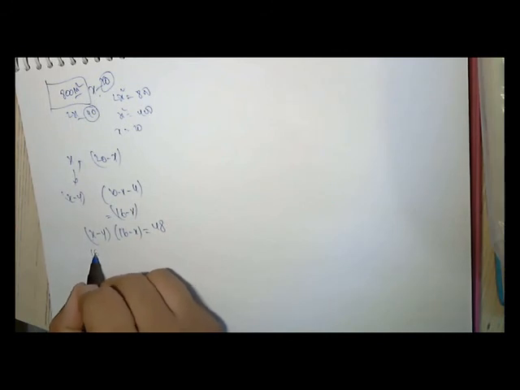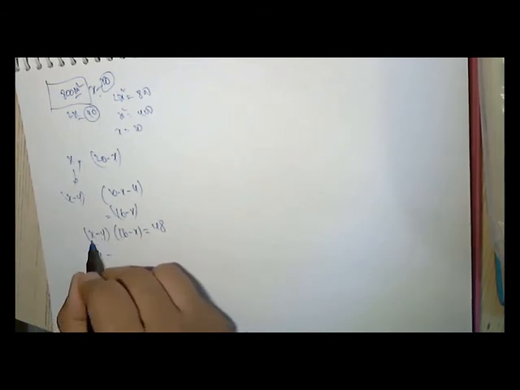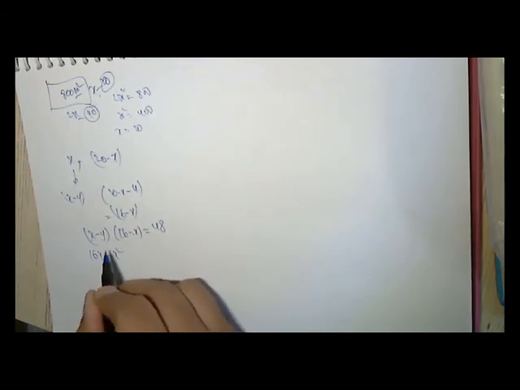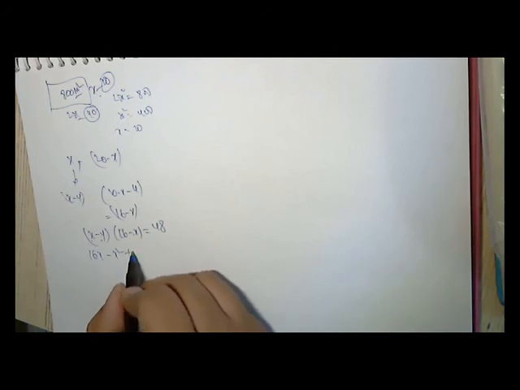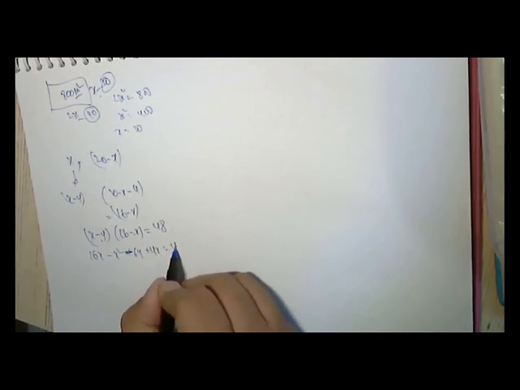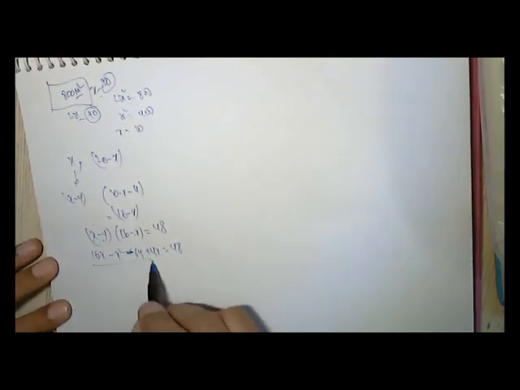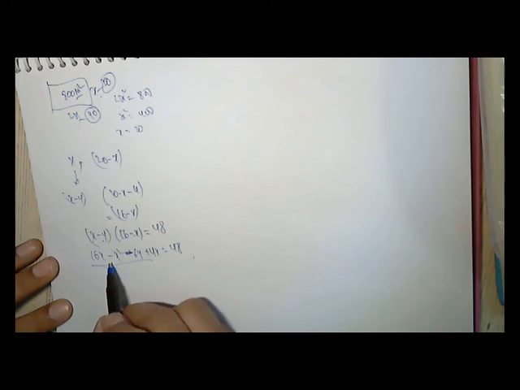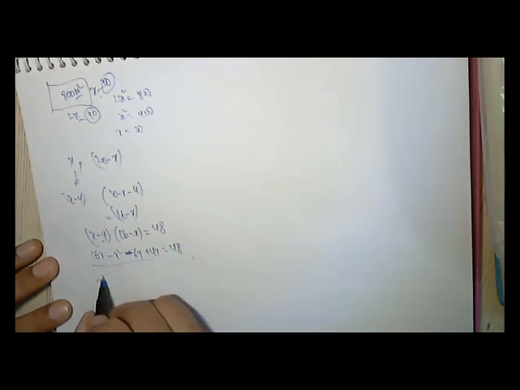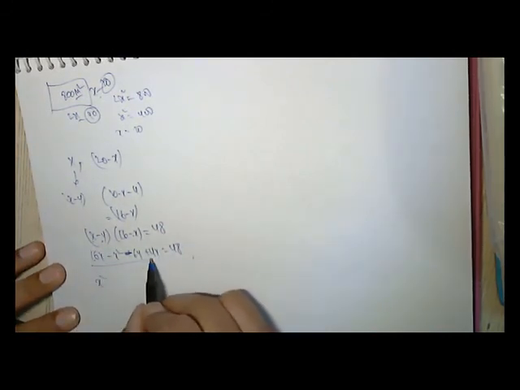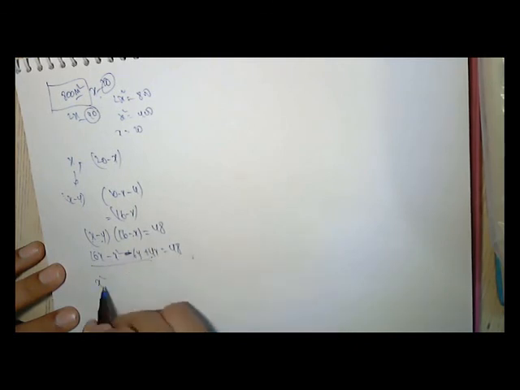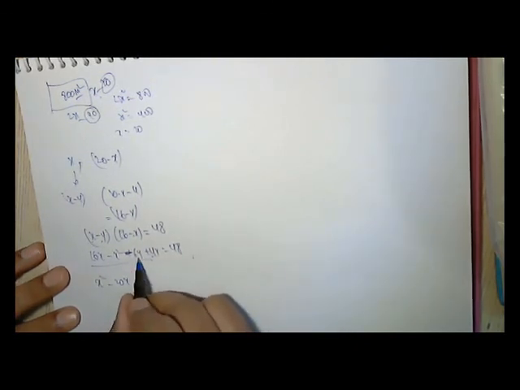So x into 16, 16x, minus x square, minus 4 into 16, minus 64, plus 4x is equal to 48. Taking all to the other side, because of minus x square, x square minus 16x minus 4x, minus 20x, plus 64 minus 48, so plus 112 is equal to 0.